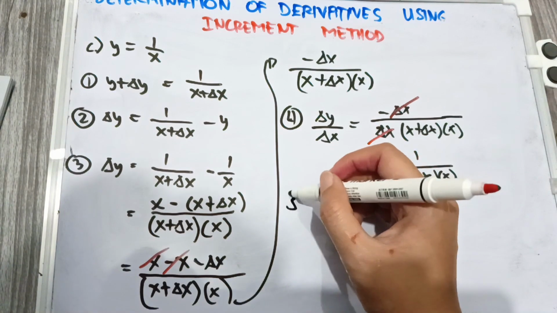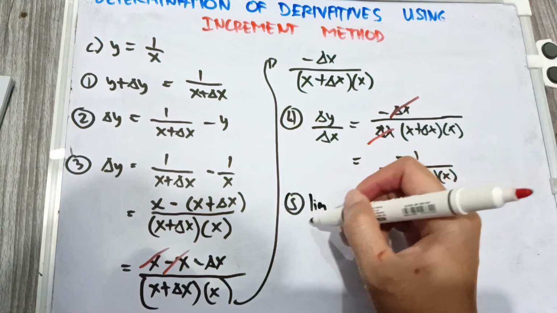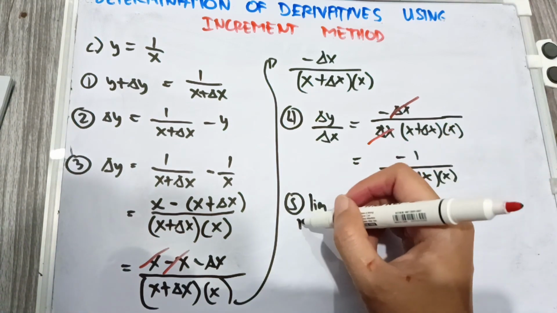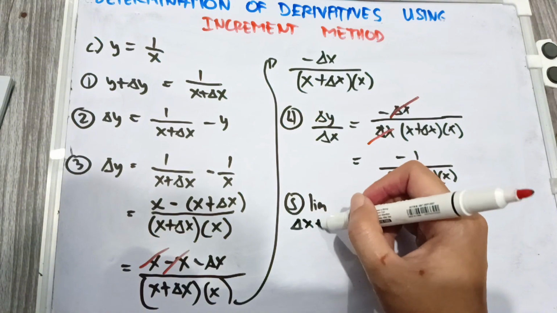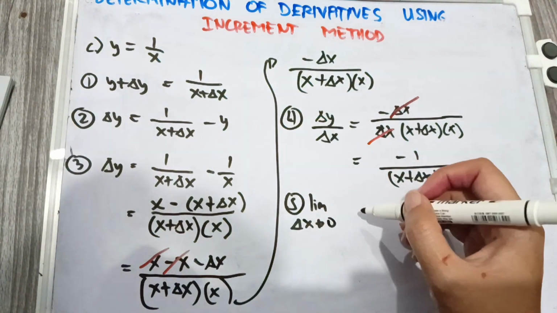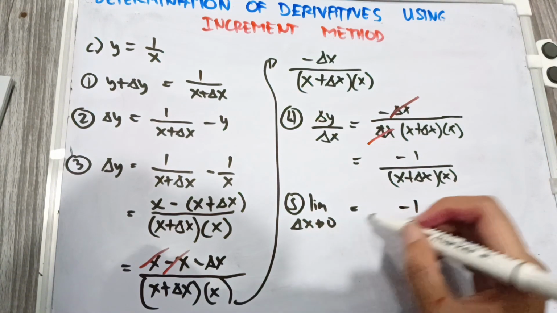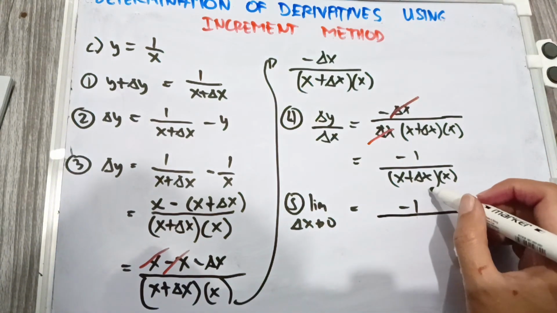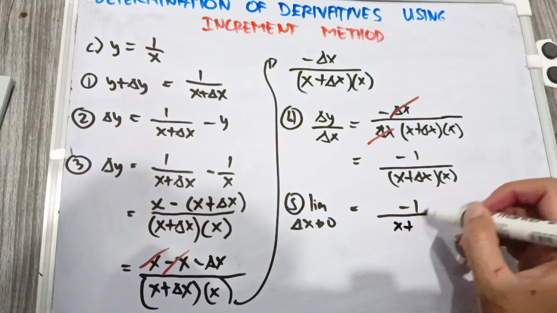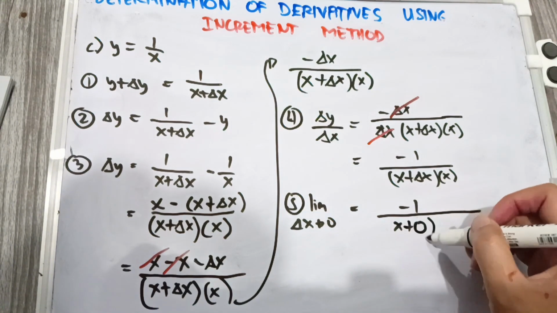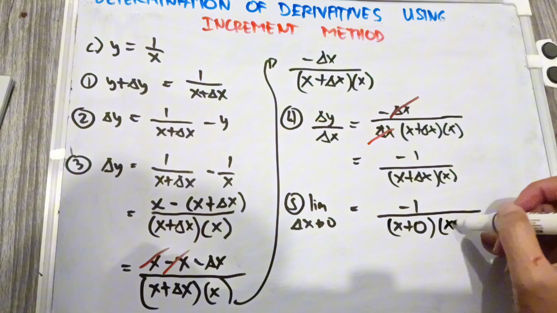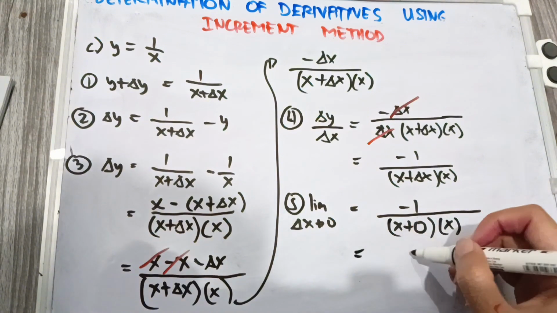And in step 5, the limit of a function when delta x approaches to 0. So let's substitute delta x with 0. So in the denominator, we have 1 delta x. So let's convert that to 0. Let's simplify.